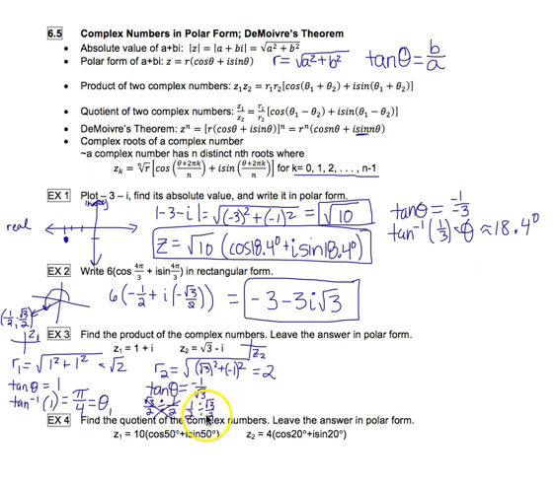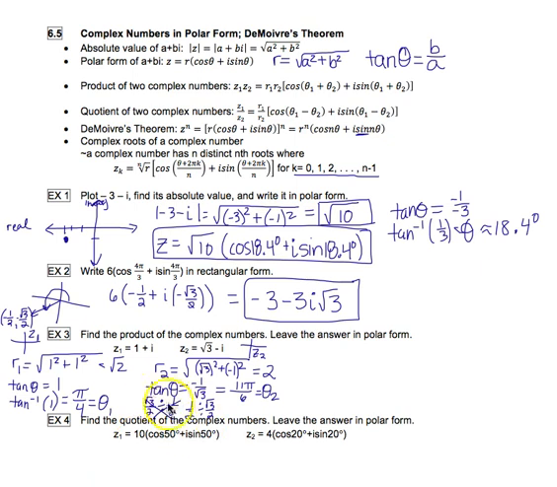Cosine value is radical 3 over 2. So that happens at 30-degree reference angles if you look on your unit circle. So I want in quadrant 4 the 30-degree reference angle, and I always want it in radians. So that's going to be 11 pi over 6. So that's going to be my theta 2.